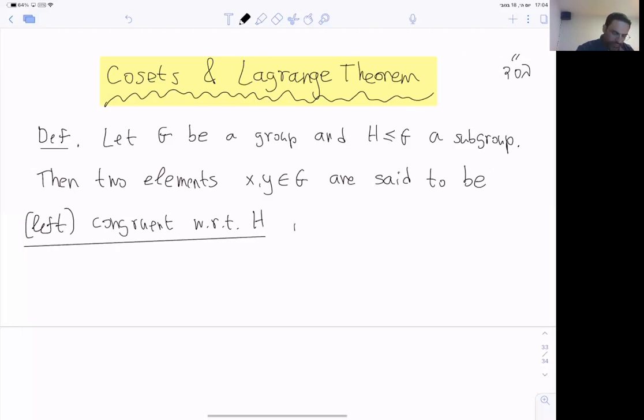Okay, if there exists an h in H such that X is equal to Yh. We denote it this way.